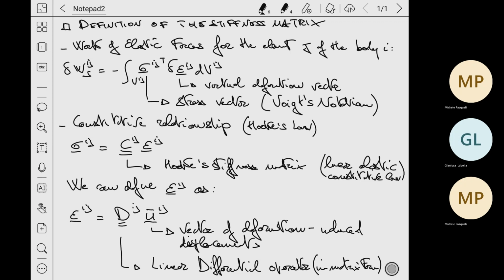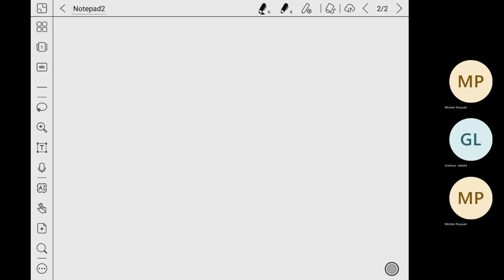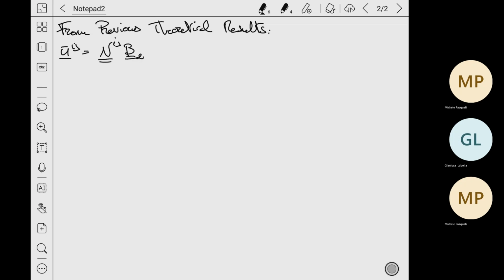Okay, so from the theory that we have developed, our vector of deformation-induced displacement can be written as Nij, the matrix N that we have defined in the previous lecture, times the matrix B2I times qfI.